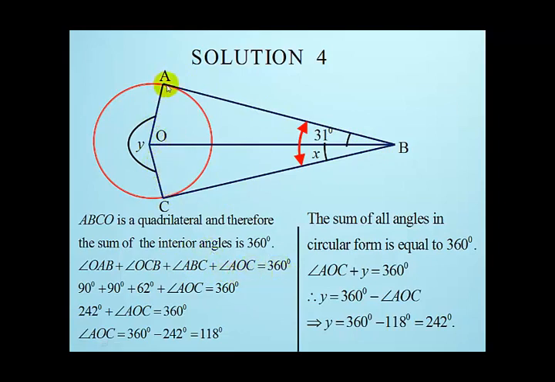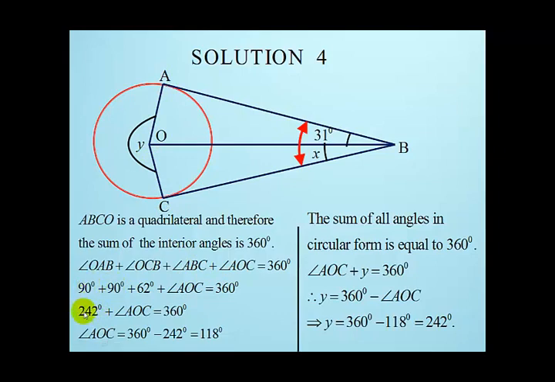The angle at A is 90, the angle at C is 90, and the angle at B is 62, so we have 90 plus 90 plus 62 plus angle AOC equals 360 degrees. Now 90 plus 90 plus 62 is equal to 242 degrees.